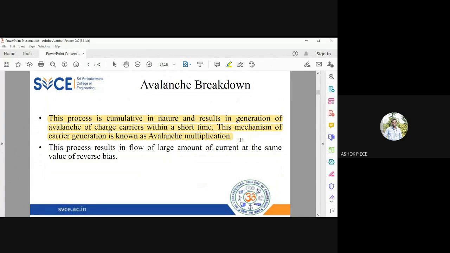When you have more electrons, you will have more current. That is the reason why, in reverse bias, after breakdown has happened, an enormous amount of current will flow through your device.